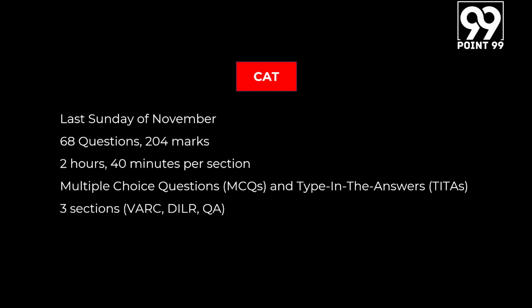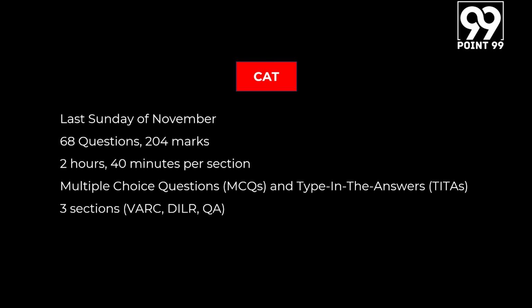Multiple choice questions are the ones wherein you will be given 4 options, out of which 1 will be right, and the type in the answer questions are the ones wherein you will be given no options. If your answer is, for example, 160, you will click on 160 on the keypad provided on screen and submit that answer. And that is basically it.